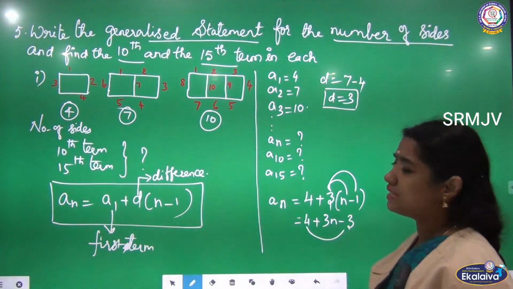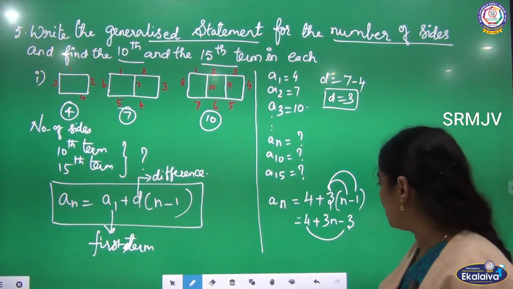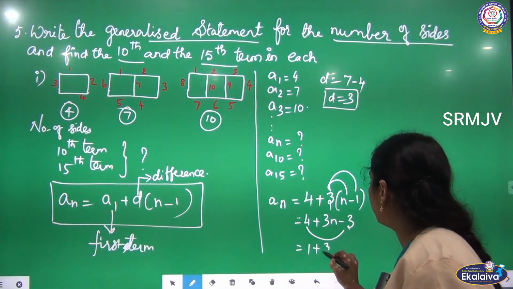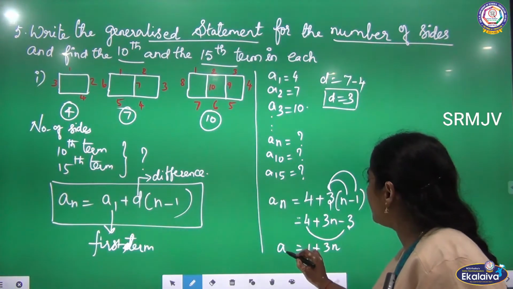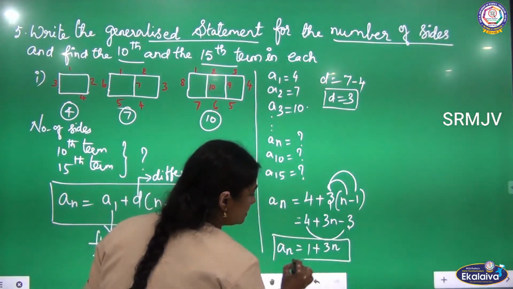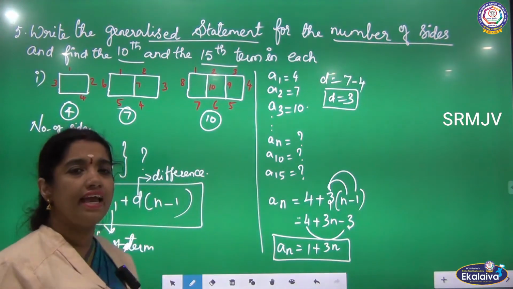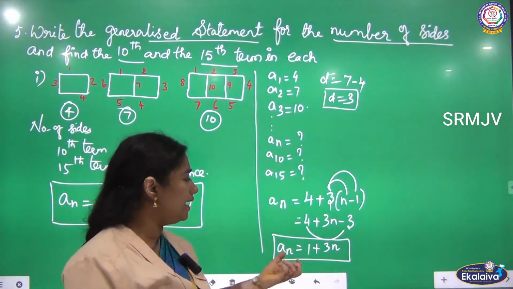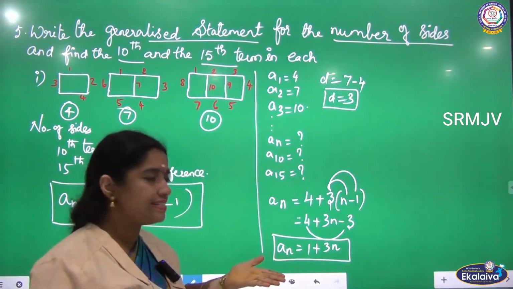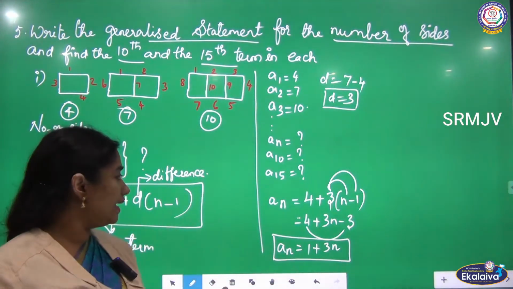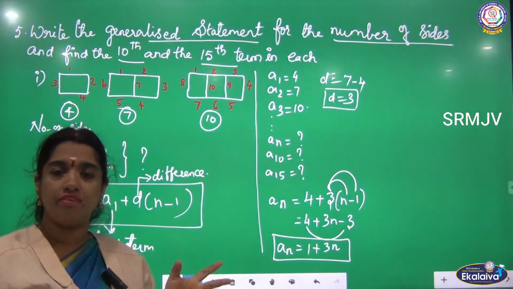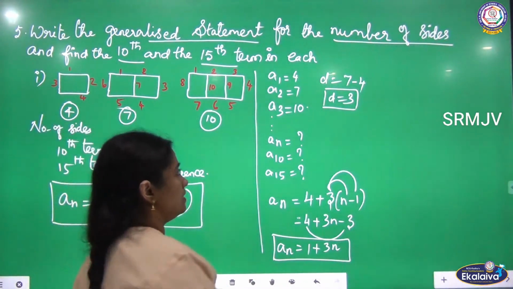Afterwards, just subtract this. 4 minus 3, which is what? 1 plus 3n. So the generalized statement is what? What is your generalized statement, children? An is equal to 1 plus 3n. So in this generalized statement, I can find out A10 as well as A15, which is asked in the question.